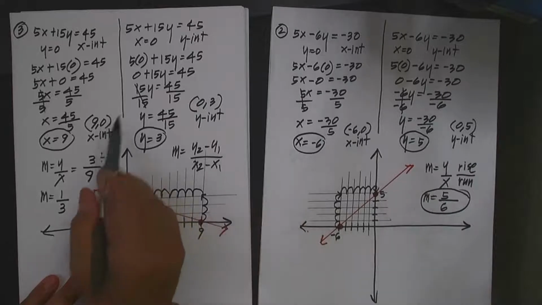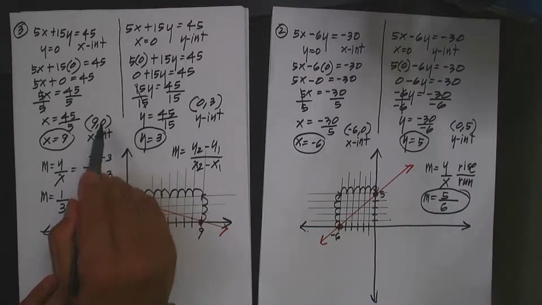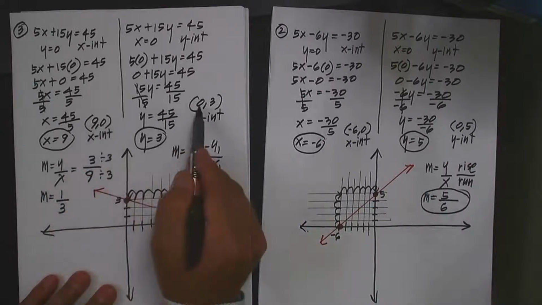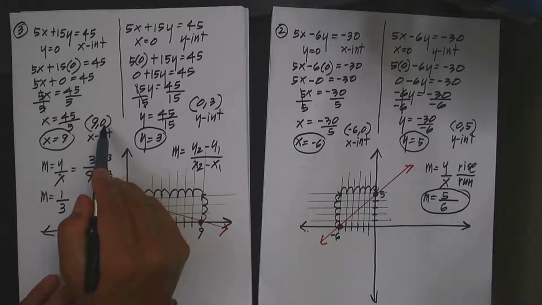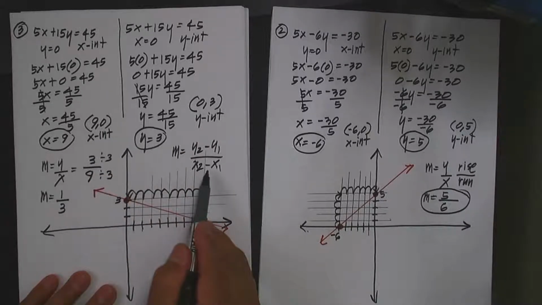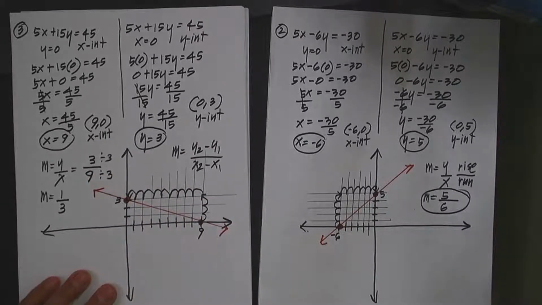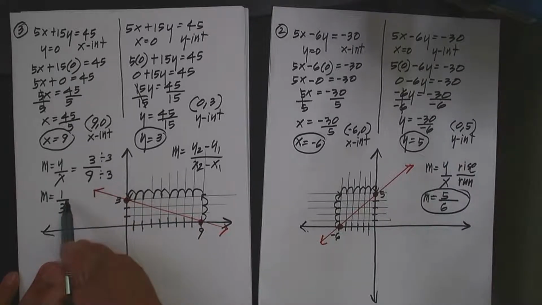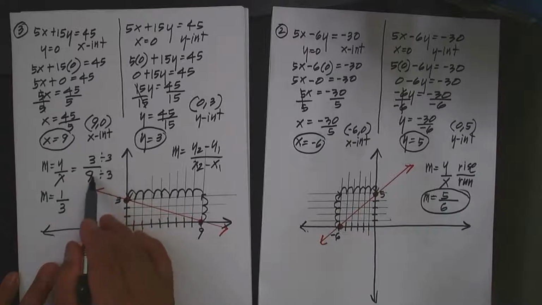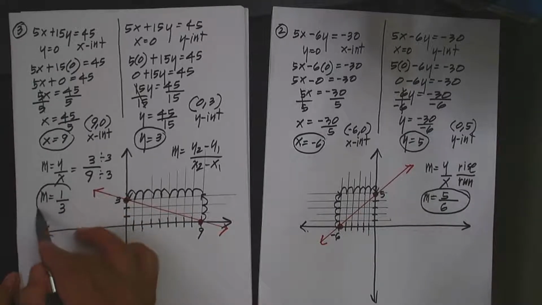That will work only if your y here is 0 and if your x here is 0. But if it's giving you a value now, then you have to use this kind of formula. Okay, so when you divide 3 by 3, you will get 1. And then when you divide 9 by 3, you will get 3. So that is your slope.